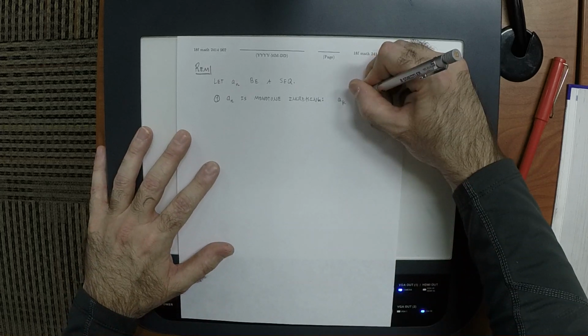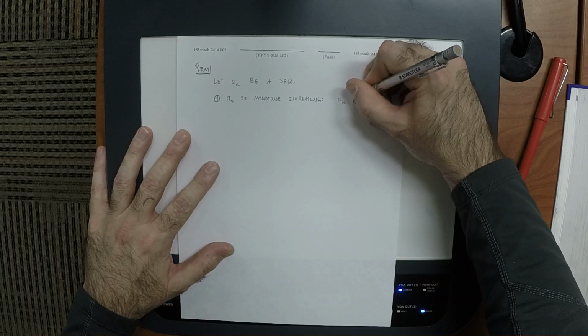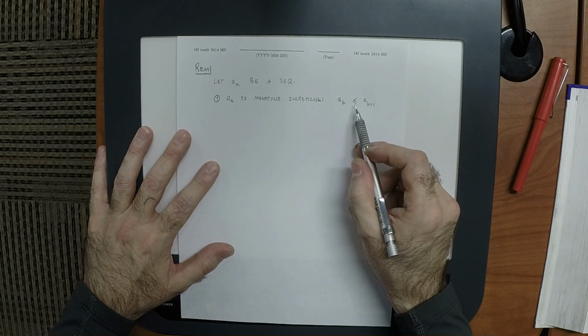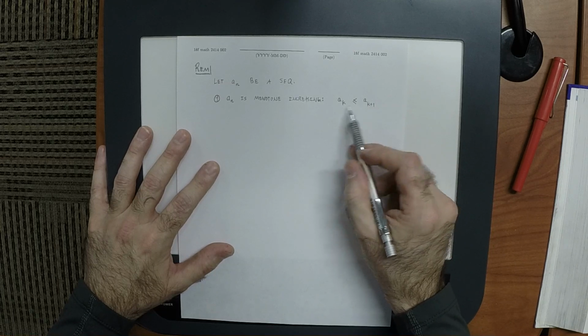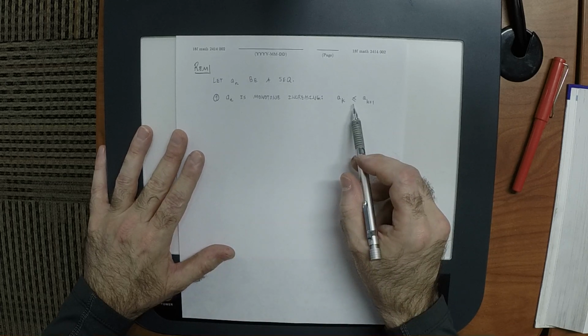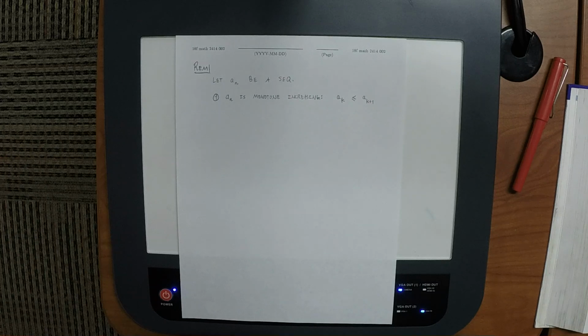But the word monotone means, in fact, this. All right. So it's greater or equal. So like a constant sequence, a sequence where every term is, say, pi, that is a monotone increasing sequence.